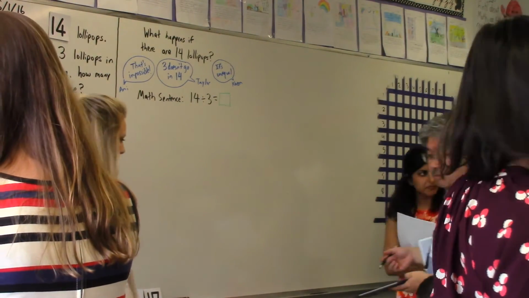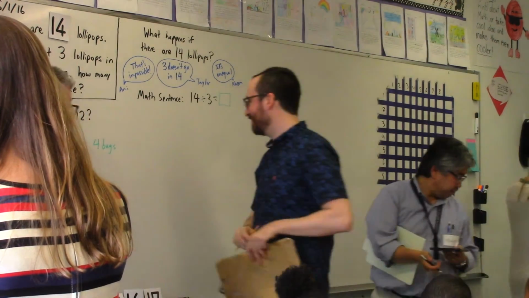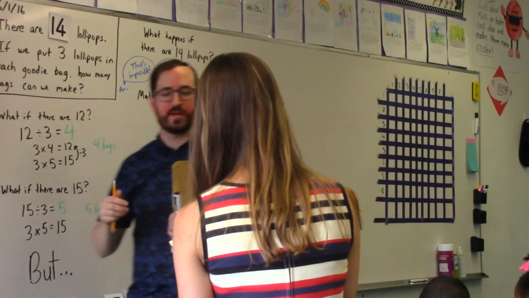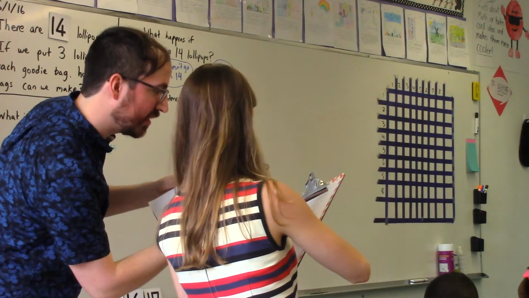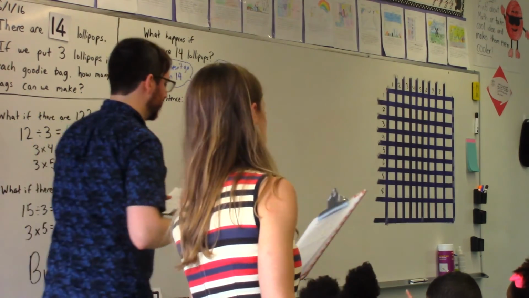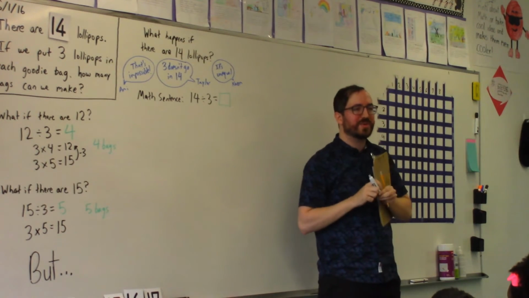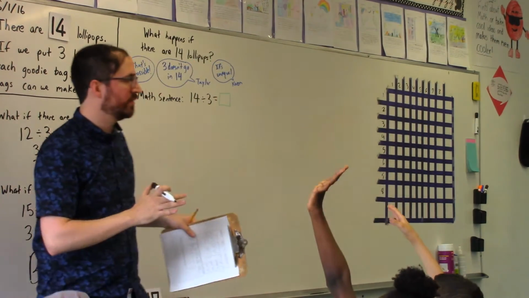Observers, please go back to your spots for a second. Okay. So let's talk about some strategies you could use, because I know we don't want to just use one. What strategies have you been trying to solve this? Sky?